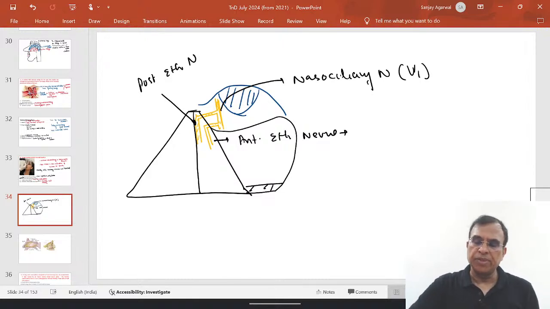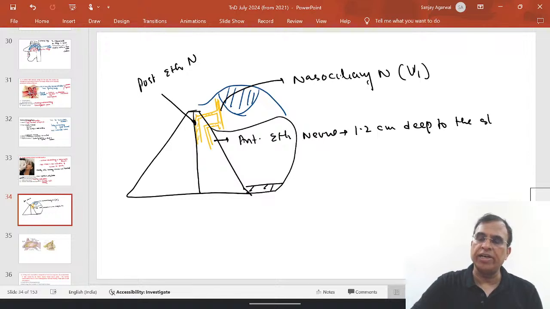The anterior ethmoidal nerve lies 1.2 centimeter deep to the skin of this area, the lacrimal bone, the lacrimal crest.